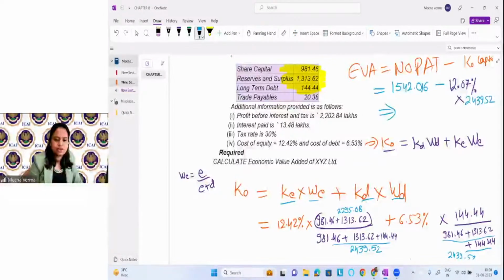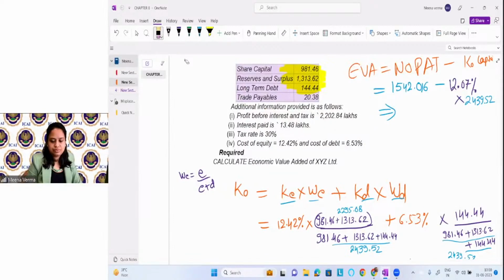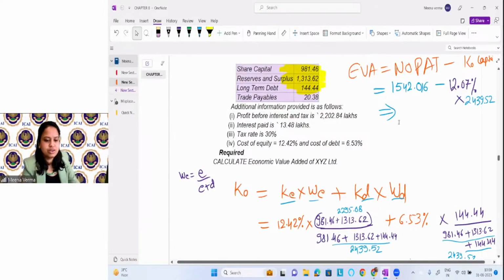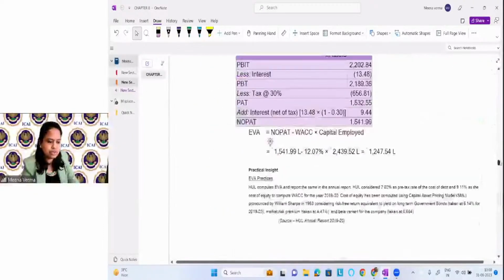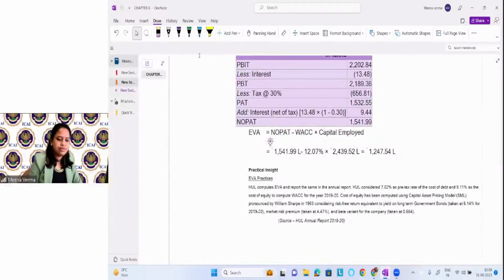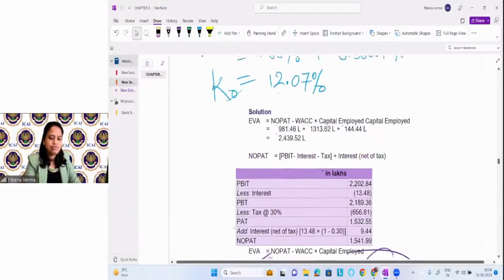Solve it. You will get the answer. Simple. So you can see, if you solve them, you will get EVA. I'm just showing you in the answer also. So for EVA, we got this value, 12.07%, we have the capital, and we have net operating profit after tax. If you solve it, you will get EVA. Simple, right? So that's how we have to solve it.